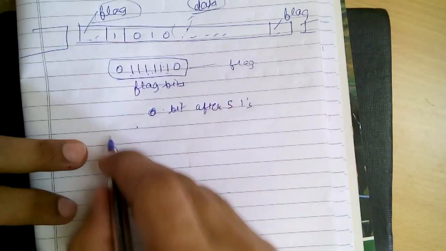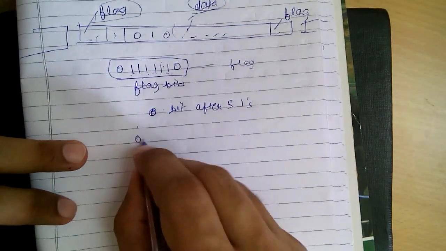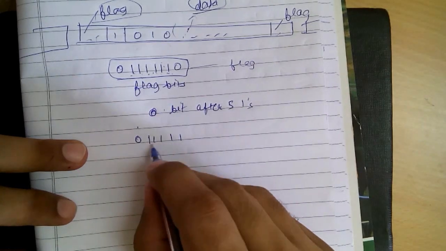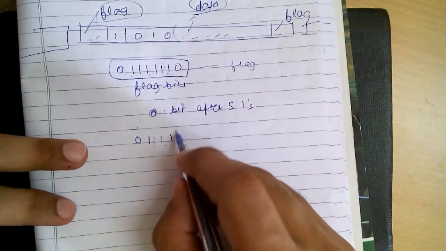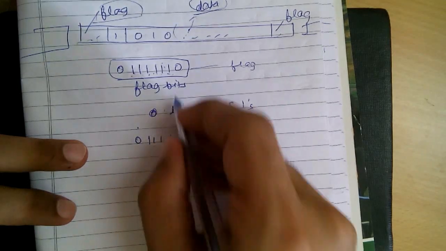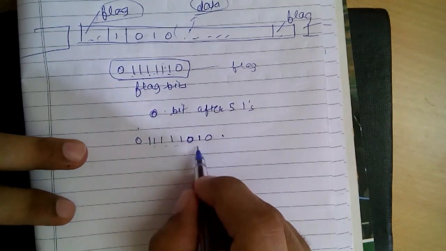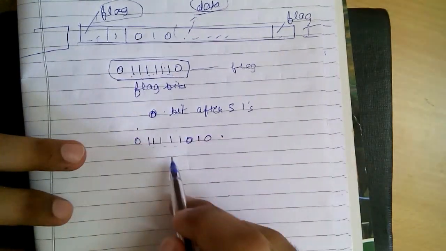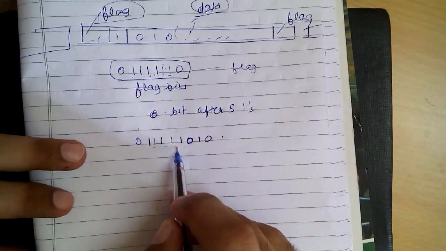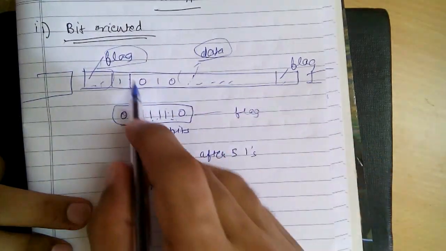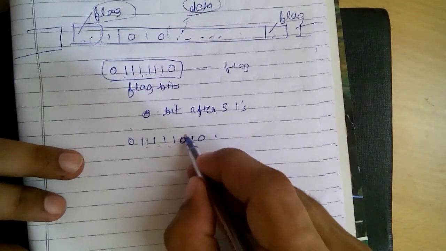When we encounter 5 ones, we just put a 0, whatever was after that we don't care. So it will never look like our flag, as there are never 6 consecutive ones. That will be only at the start and at the end as the flag. In between data we stuff a 0.